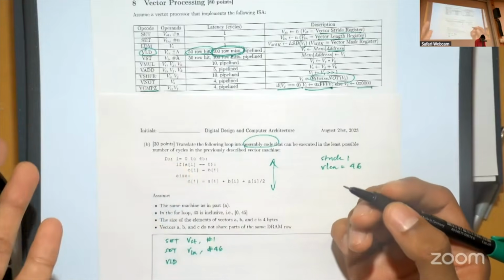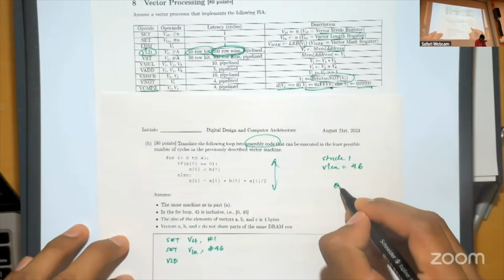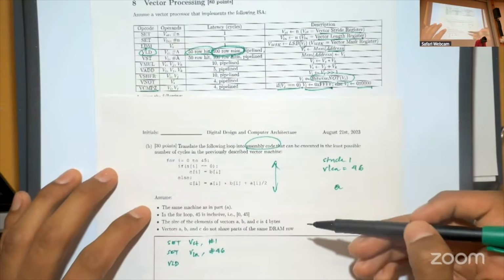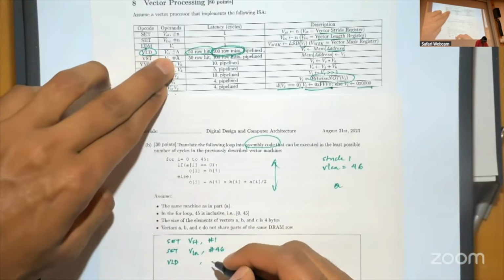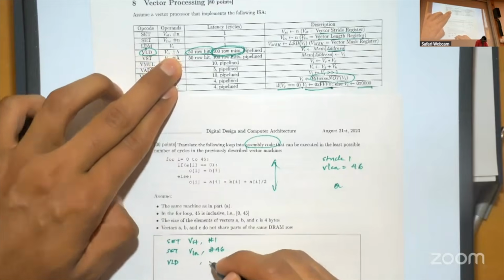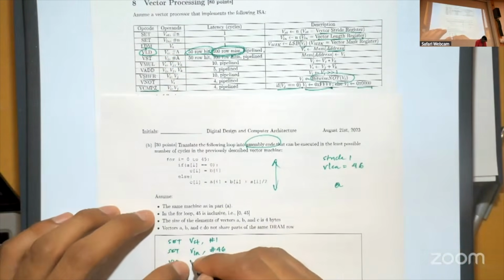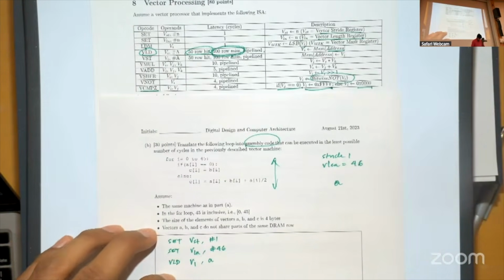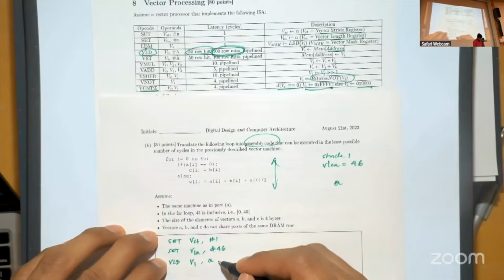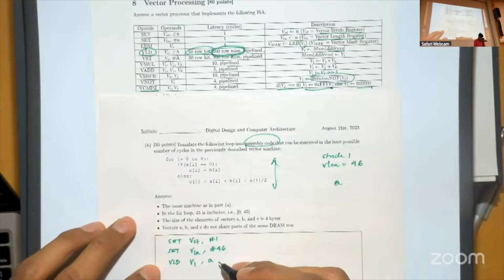Let's assume that the array A is present at location A, and the syntax here is that the number A is the address, and you want to store them into VI. Let's arbitrarily choose to do this in V1. And this is going to take some time, right? Because you're loading 46 elements into V1.